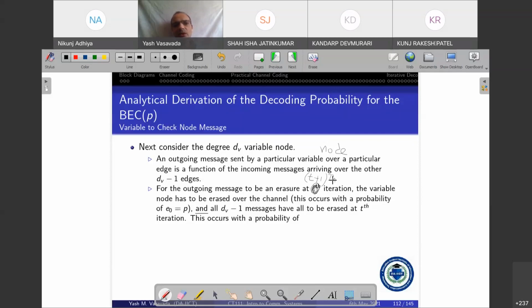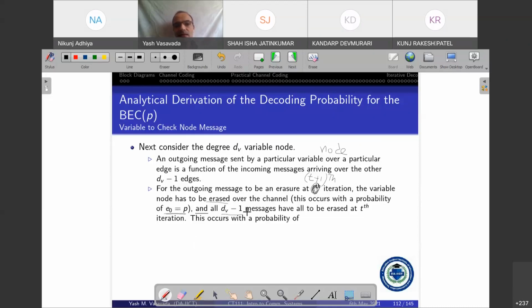So for the outgoing message to be an erasure at the next iteration from this variable node, what has to happen? First of all, the incoming message from the BEC itself has to be erased. And that has a probability of p that we are calling E0. And additionally, all of these dv minus 1 messages also have to be erased.